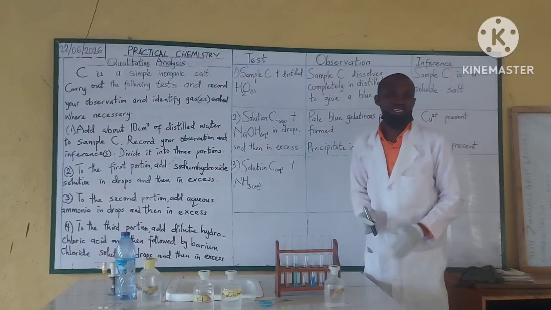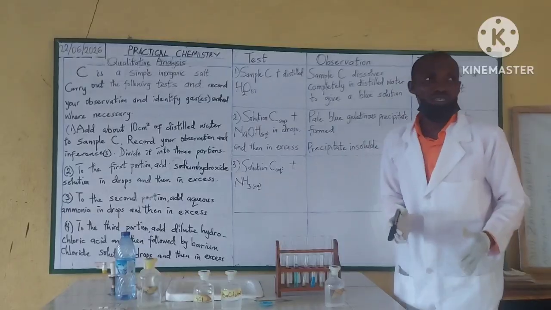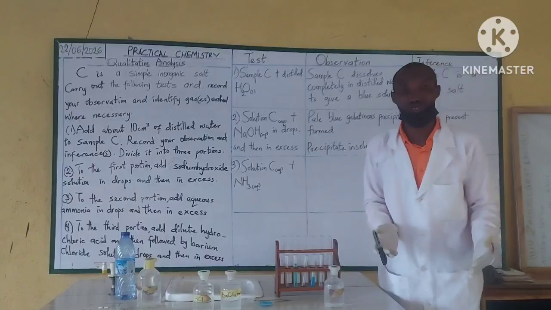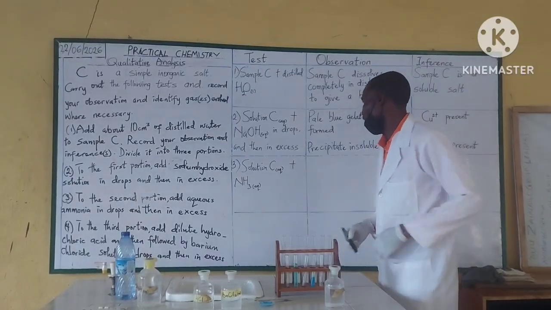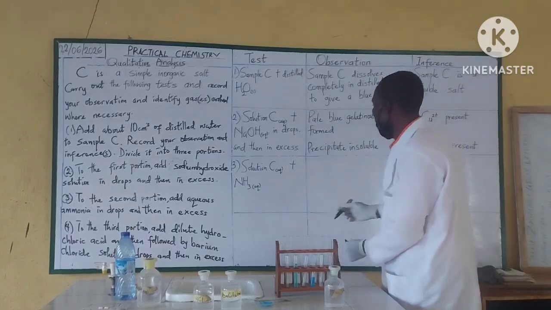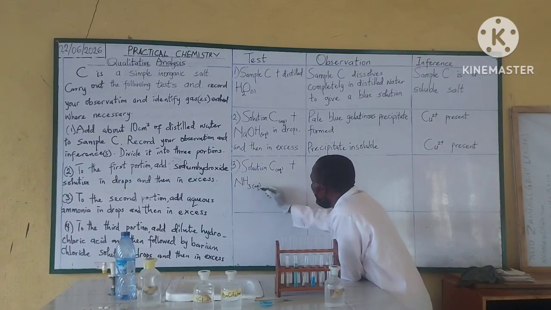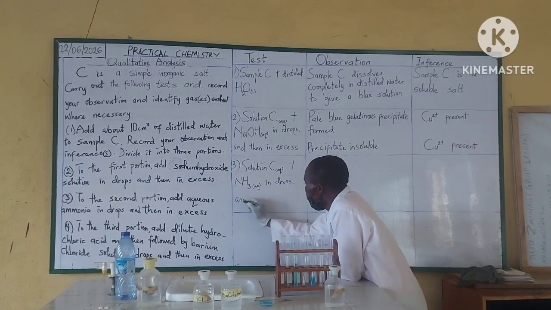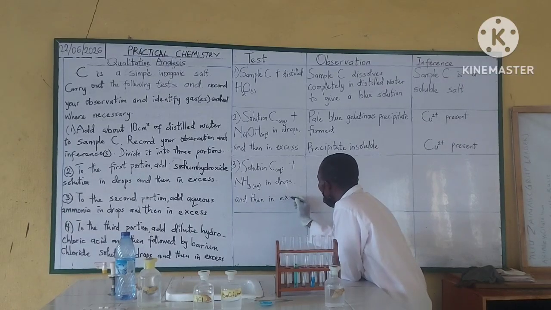Aqueous ammonia is also known as ammonium hydroxide solution. Either of the two may be written; it's still the same reagent we are being asked to add. Aqueous ammonia in drops, and then in excess.